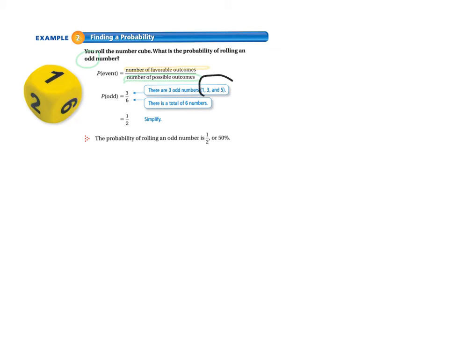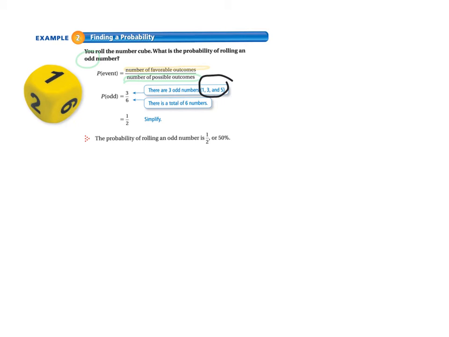There are 3 options here for rolling an odd. So I would put a 3 in the numerator. Wow, I just covered that up, sorry. 3 in the numerator, and in the denominator is the number of possible outcomes. So on that number cube, there are a total of 6 numbers. 1, 2, 3, 4, 5, 6. So I will put a 6 in the denominator.